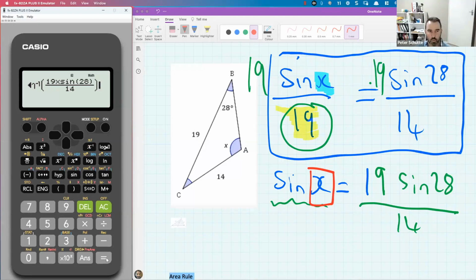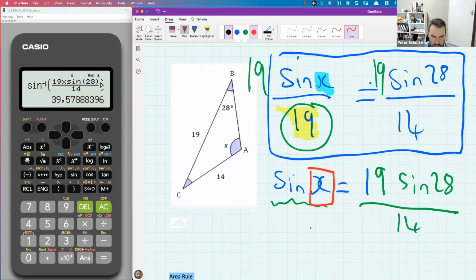So what are we going to get for the value of x? It looks like the maths is saying that x is equal to 39.58 degrees.